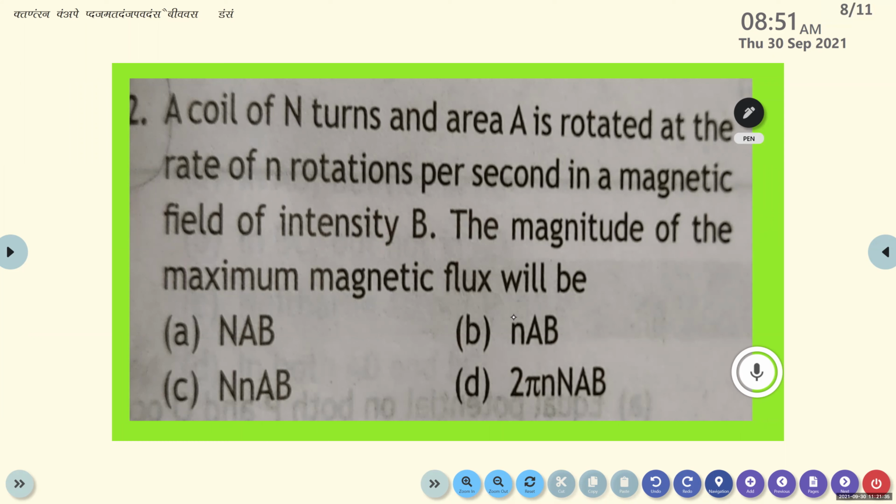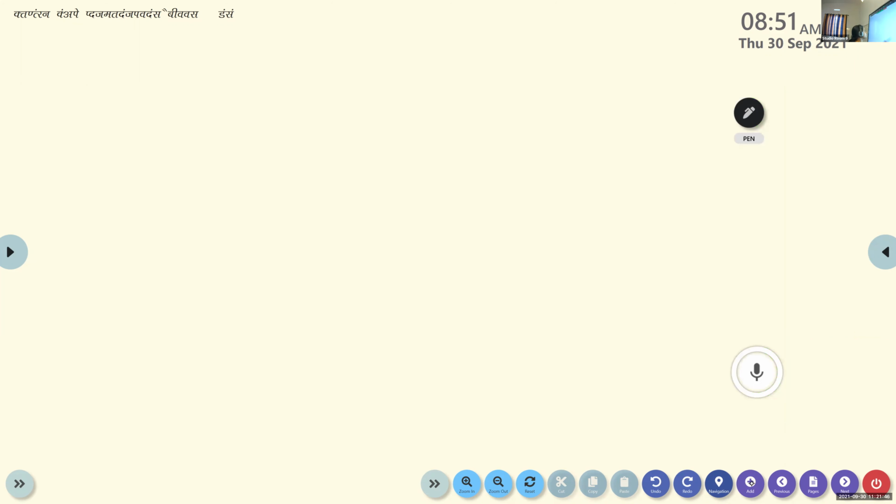Okay. So here we want to calculate the magnitude of maximum magnetic flux. So again, what is the equation for calculating the magnetic flux? Magnetic flux phi is equal to BA cos theta. But here we have n number of turns.